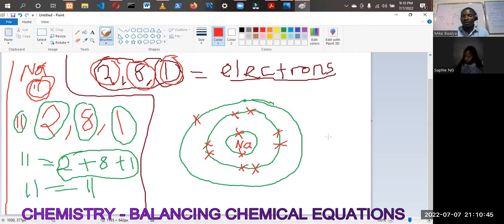Now what I want you to understand is that when you look at the electrons in the outermost shell, this one on the third shell, which is just one, this is an electron that will take part in a chemical reaction.